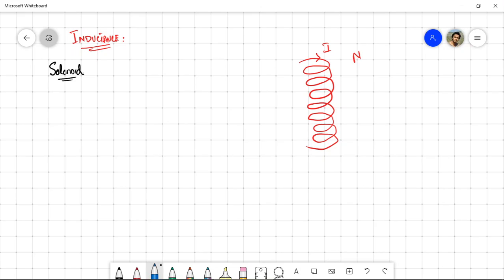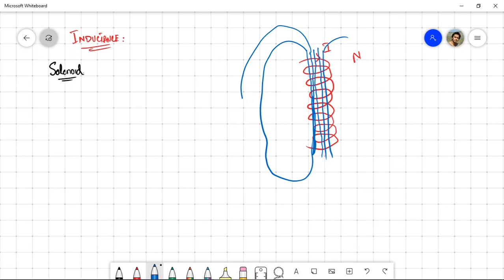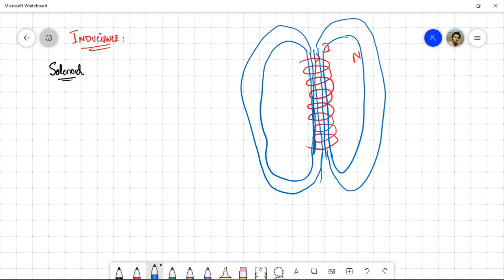So we have studied this phenomenon already. So he's saying that we'll have a uniform magnetic field in its central region. I'm sorry, I can't draw it very neatly. So we'll have these kind of magnetic lines of force, and these magnetic lines of force will be similar to what we saw in a permanent magnet.